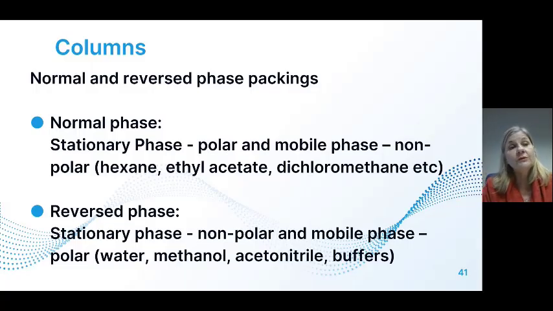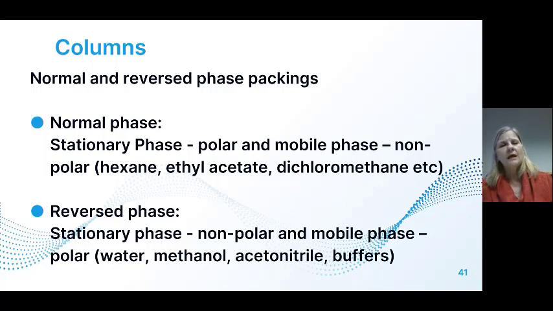Then if we look at the columns, to choose a column, normally the partition chromatography that we mostly use would either use normal or reversed phase packing. Now normal phase, initially when chromatography started out, we had a very polar packing material such as silica gel and alumina, and therefore your stationary phase was polar, and your mobile phase therefore had an opposite polarity, because now your compounds would be attracted to the polar stationary phase and would elute with a mobile phase which is non-polar.